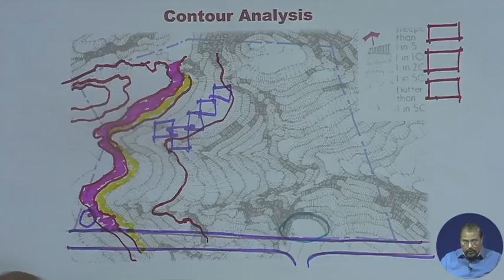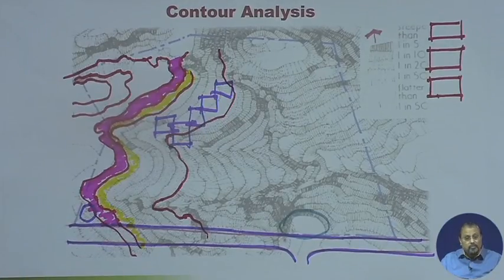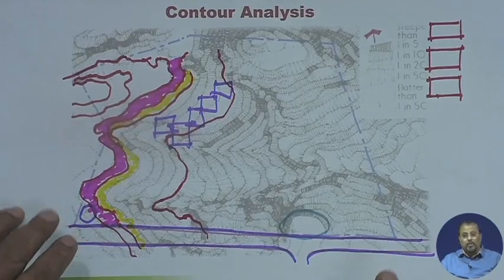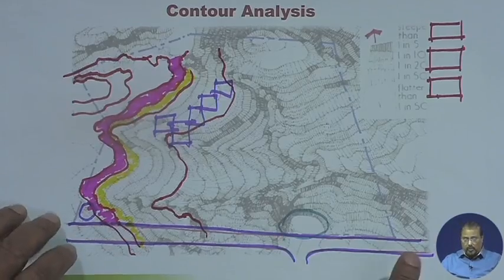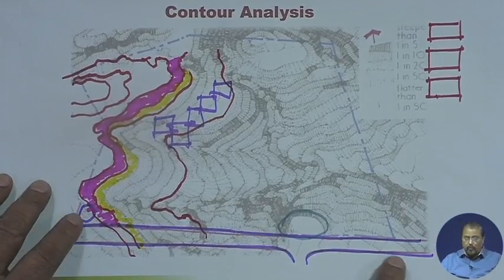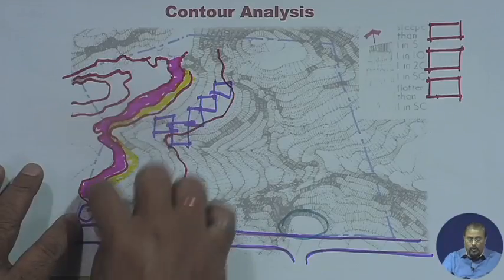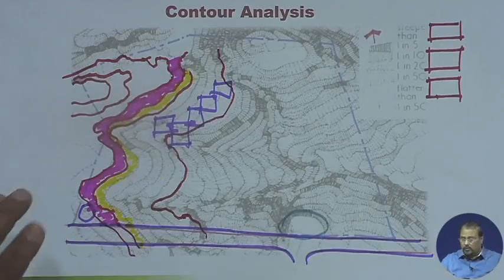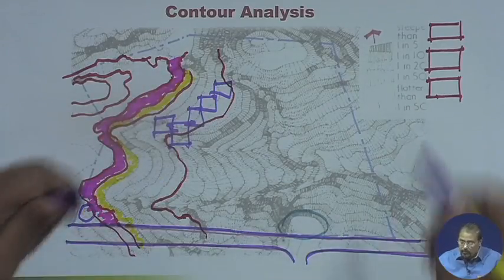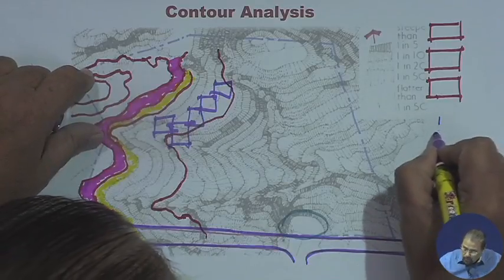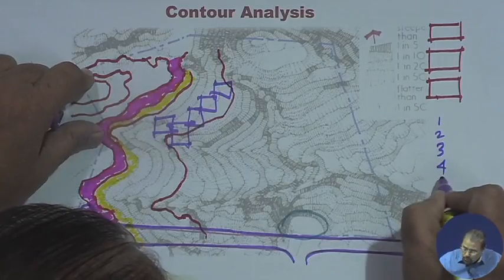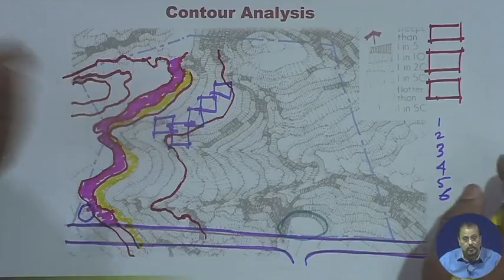So once you do this, don't bother about anything else, only the contour. So the contour connectivity, when you are seeing with respect to this, you will find that there will be alternate locations for various functions. Now suppose you have, say, example 1, 2, 3, 4, 5, 6 functions.